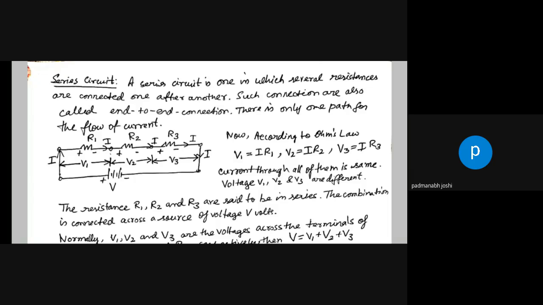The first connection that we will study is the series circuit. What is a series circuit? A series circuit is one in which several resistances are connected one after another. Such a connection is also called an end-to-end connection, and there is only one path for the flow of current, meaning the same current flows through all the resistances.